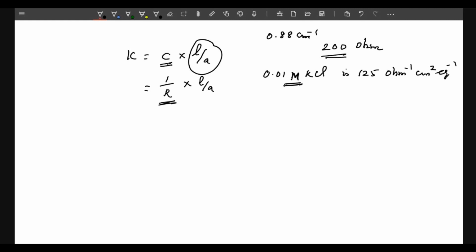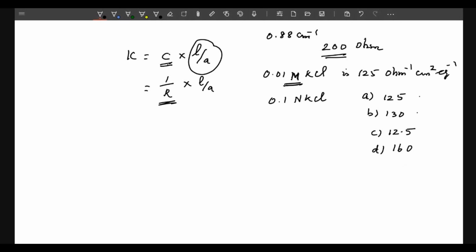The value of equivalent conductance of 0.1 normal KCl at the same temperature is: A 125, B 130, C 12.5, D 160.